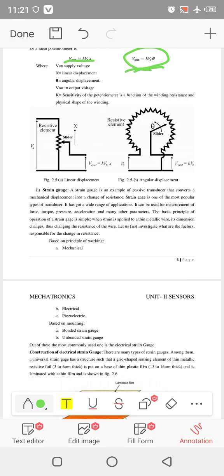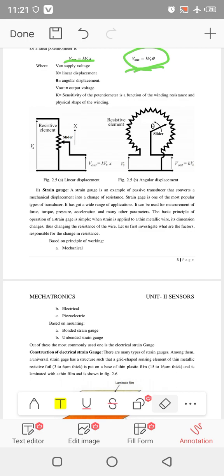As we saw in previous lectures, passive means it needs an external power supply. It doesn't generate electric power by itself. It converts mechanical displacement into change in resistance, which is why we call it a resistive displacement sensor.